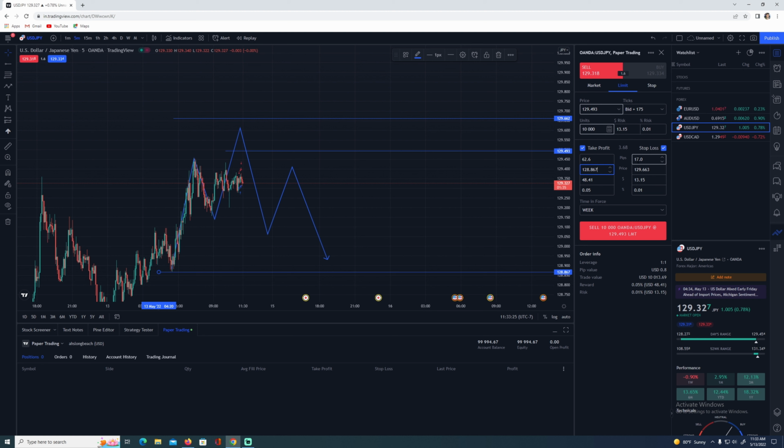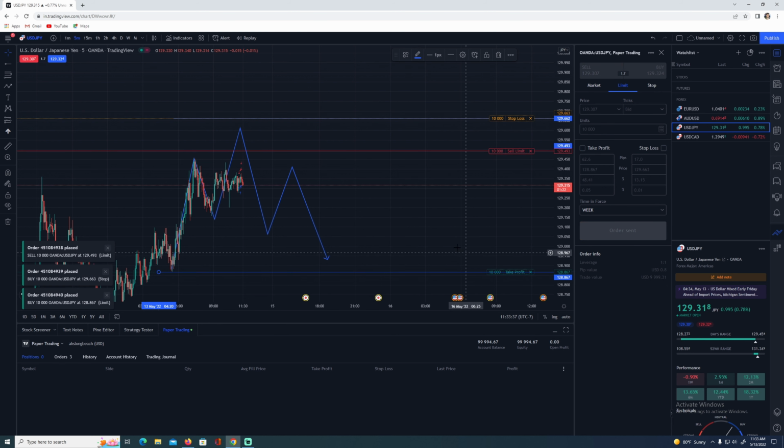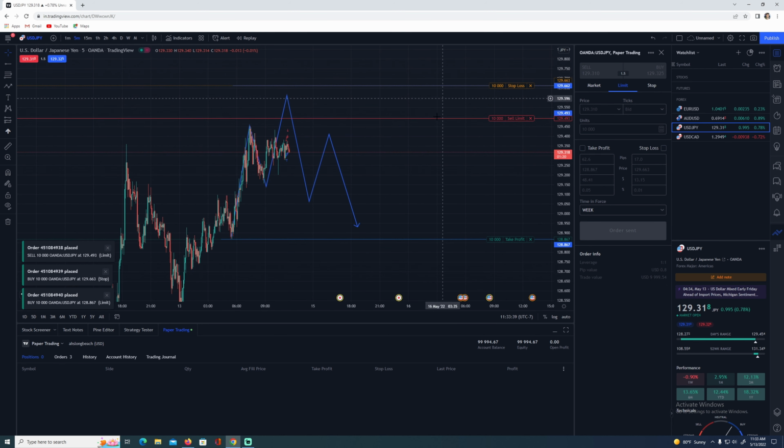We know that our stop loss is 17 pips, and we'll be risking $13. And our take profit is going to be 62 pips, and we'll be making $48 if it hits our take profit. We place that order, and now our orders are all in. And now if price comes up here, it's going to put us in the market for 10,000 units.